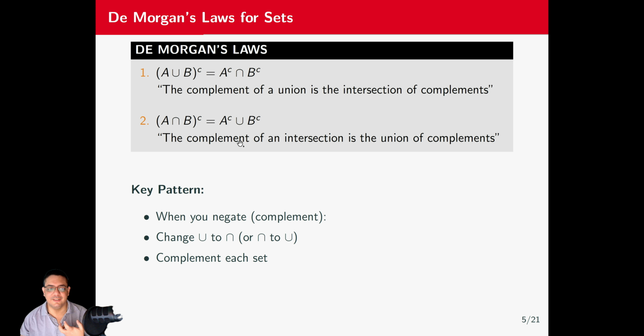So it makes sense to use De Morgan's laws here. The complement is tied to the idea of negation, the other set of elements. So there's an exact parallel to what we have with De Morgan's laws in logic.